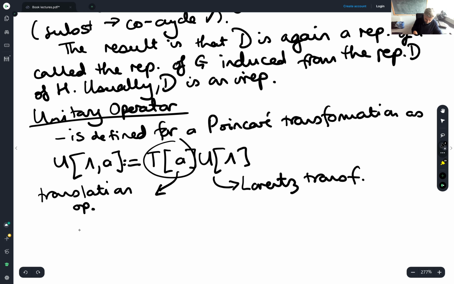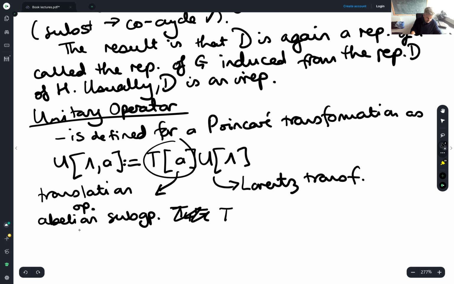It's an abelian subgroup of the Poincare group. It's an abelian operator, essentially. Okay, so let's do it in 4 dimensions.